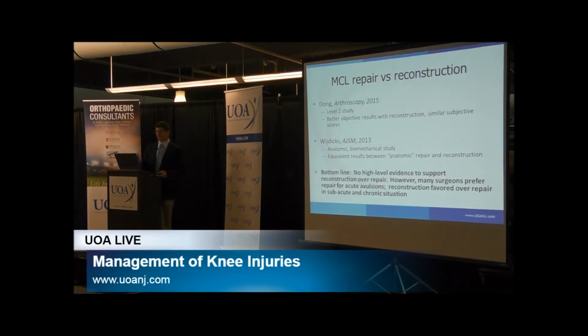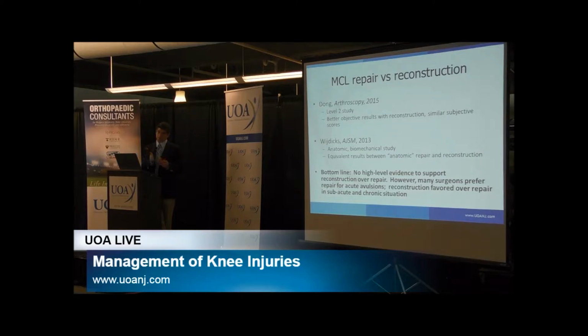Many surgeons will tell you that they prefer to repair a structure, certainly the medial side, when it's a new injury. If it's in the first week, 2, maybe 3 weeks, you can repair it, you sew it back together. If it's after that, it's more chronic, the tissue quality isn't so good, it's more difficult to repair these things, they retract. So at that point, reconstruction is considered a better option.